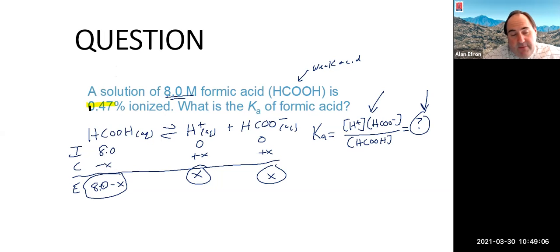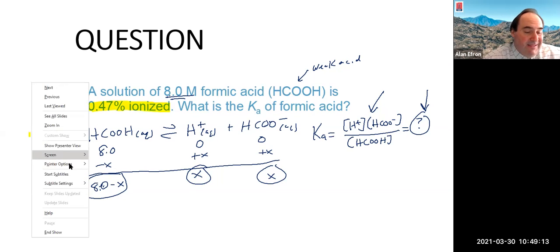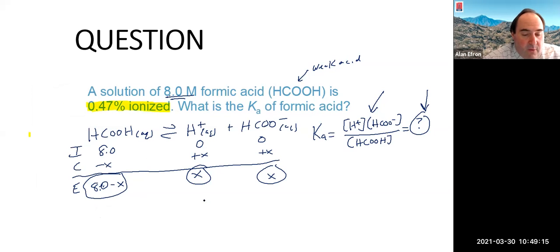It's the other piece of information that was given to us in this problem. It tells us that this acid is 0.47% ionized. So thinking about the formula we just saw, the percent ionization is equal to the H+ concentration divided by the initial acid concentration times 100%.